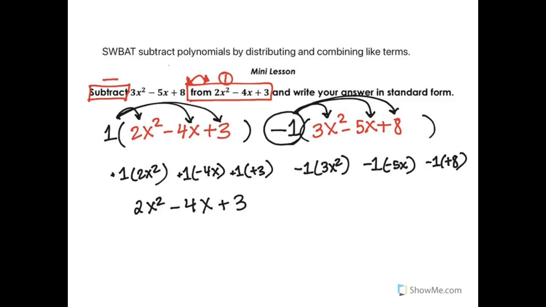But now remember, when we're distributing this negative 1, the sign of whatever's inside of the parentheses is going to switch. So when I do negative 1 times positive 3x squared, that becomes a negative 3x squared. When I do negative 1 times negative 5, that negative 5 is going to become a positive 5x. And when I do negative 1 times positive 8, that positive 8 is going to turn into a negative 8. So all of these three terms have switched their signs.